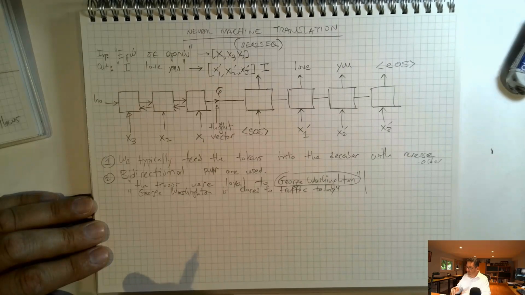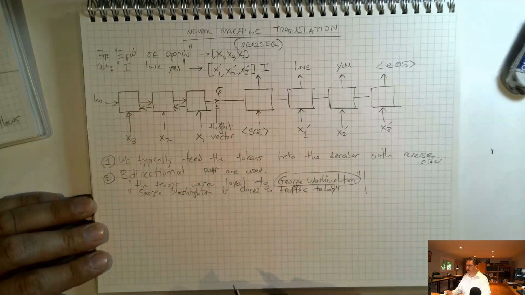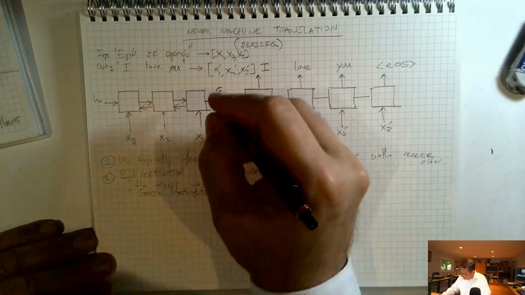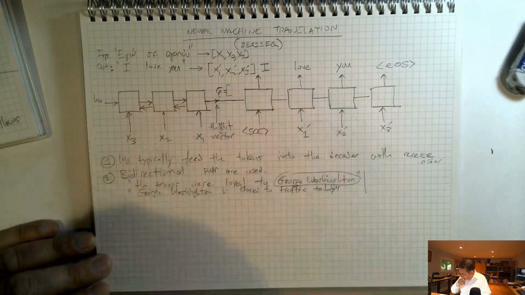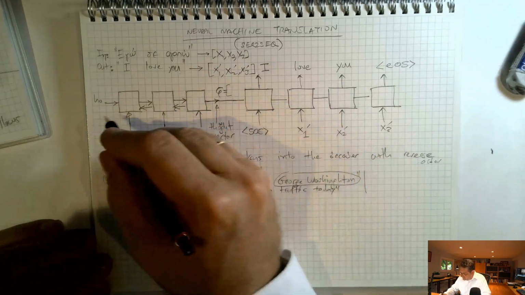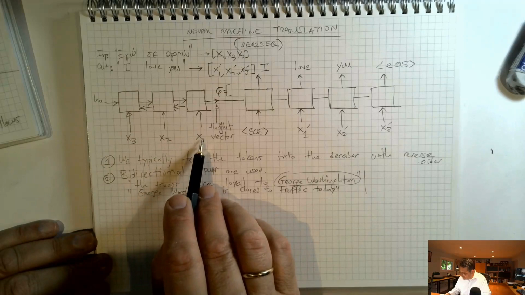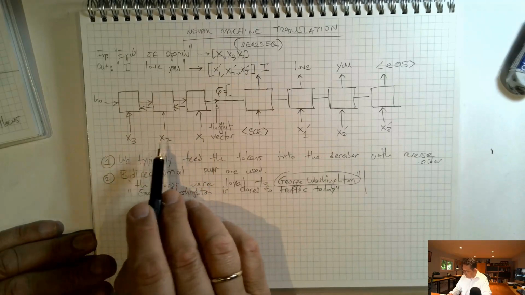So what we're trying to do with the bidirectional RNNs, in order for the thought vector to contain both types of representations, is effectively form two hidden states. One by looking at the tokens in this order, and the other by looking at the tokens in the other order, the forward and the reverse.